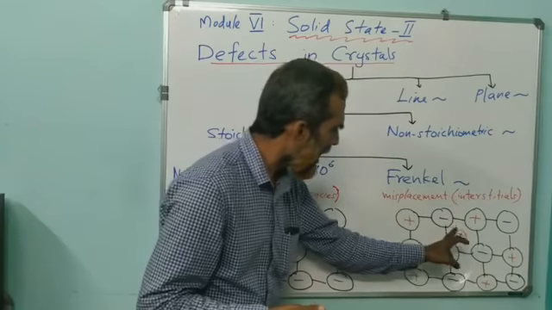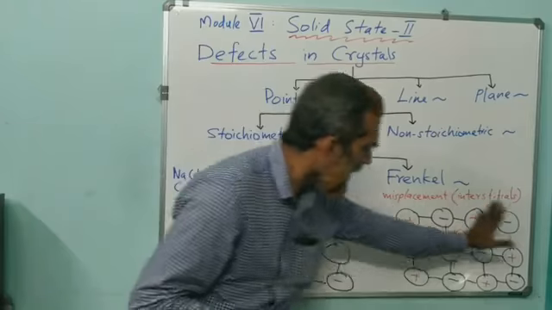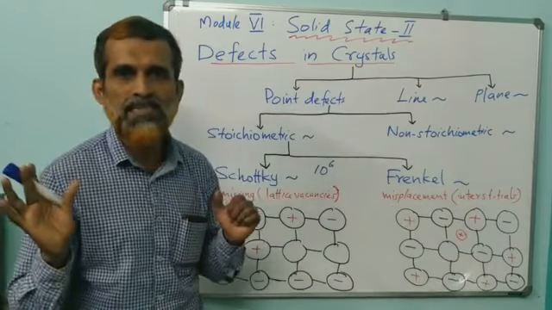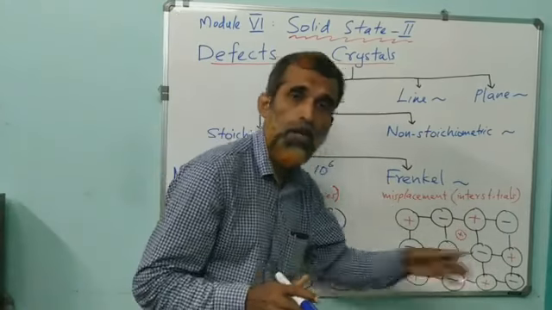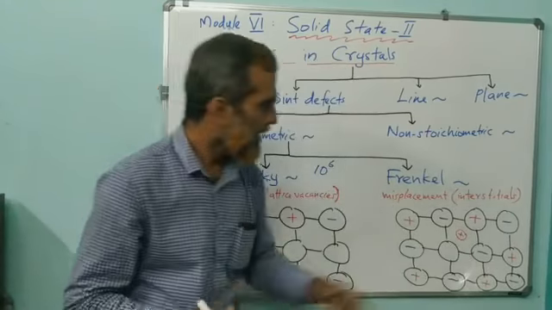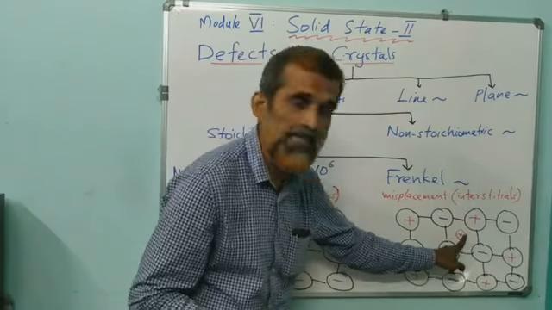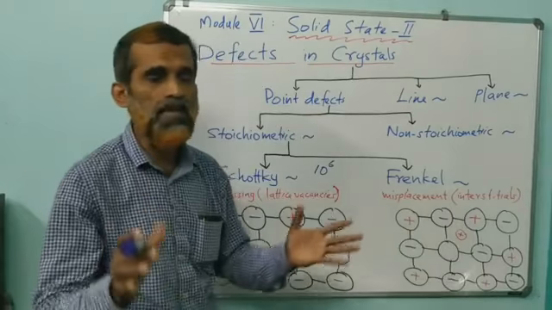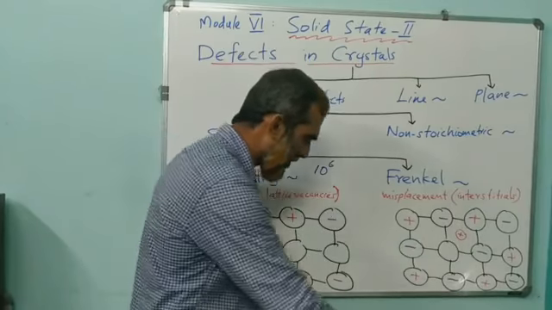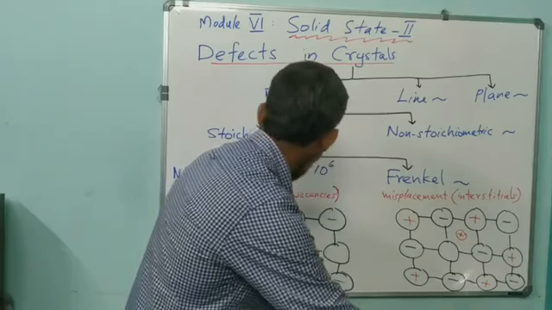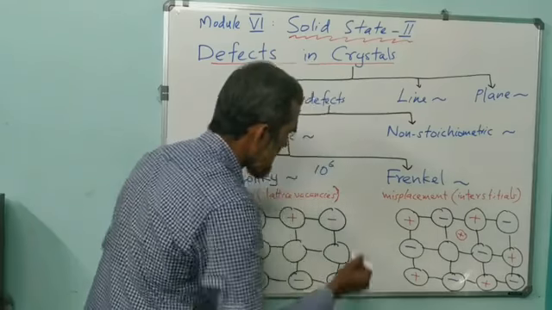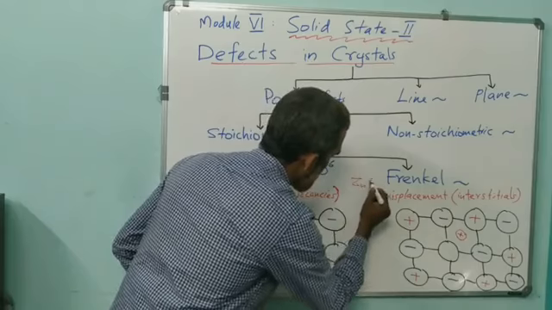Okay, and it's very clear that in Frenkel defect there will be no change in density because it is only misplacement, no missing of ion. This can be called cation vacancy, and this is an interstitial. No change in density. Examples of crystals showing Frenkel defect are zinc sulfide, right?